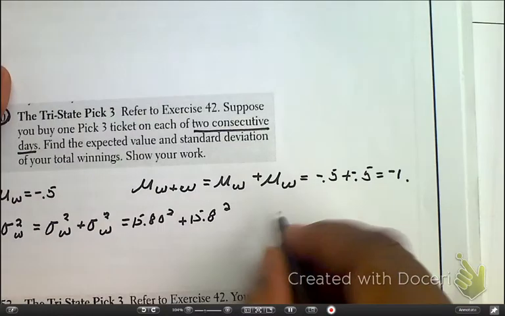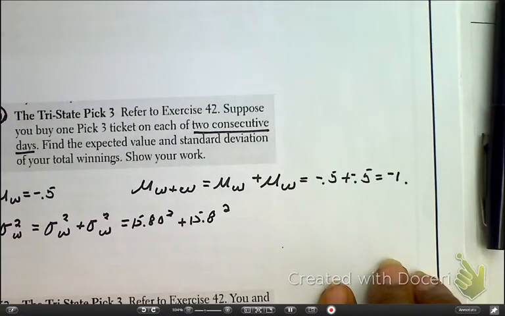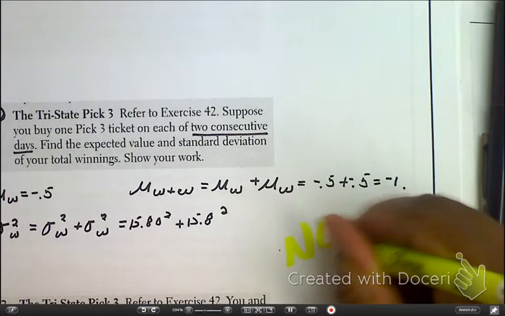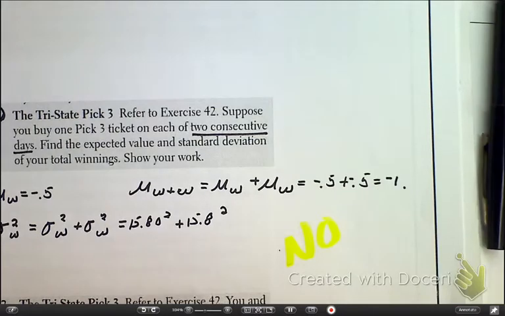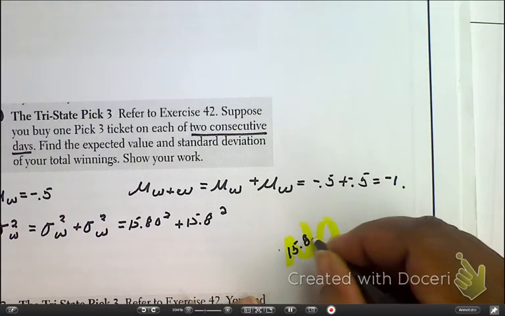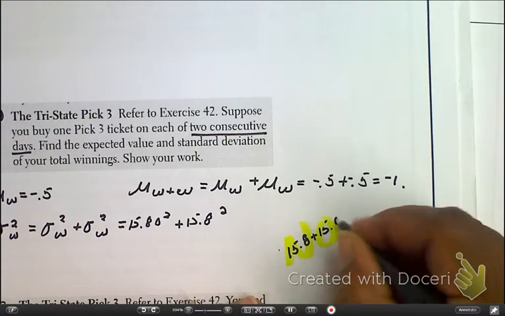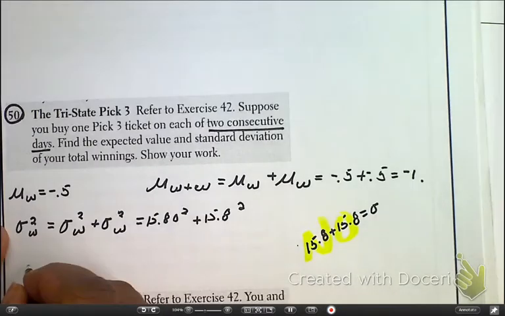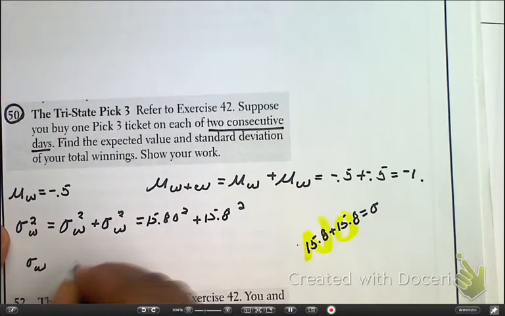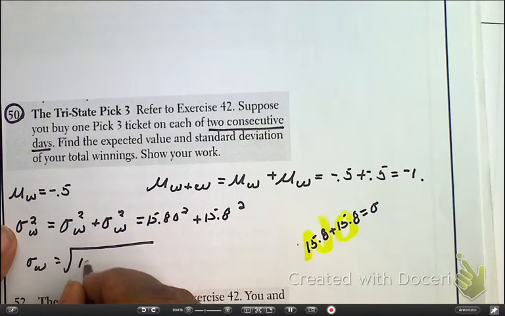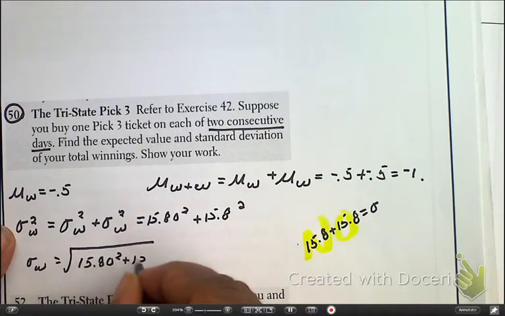Remember, you cannot do this. So I'll put a big fat no across this before I even do it. No. You cannot go 15.8 plus 15.8 to equal the standard deviation. What you have to do is take the square root of these two, of course, when added together.